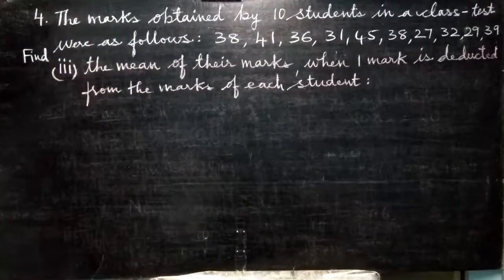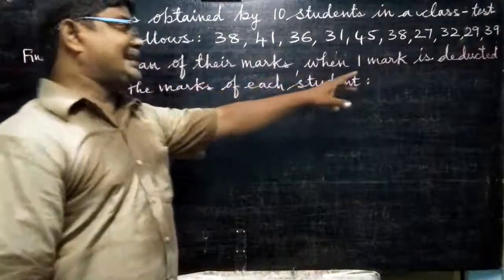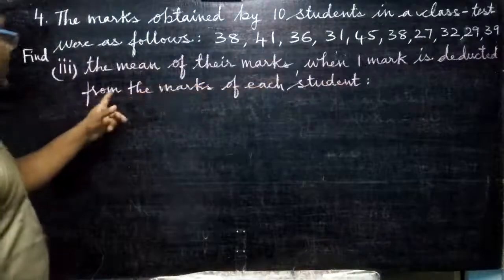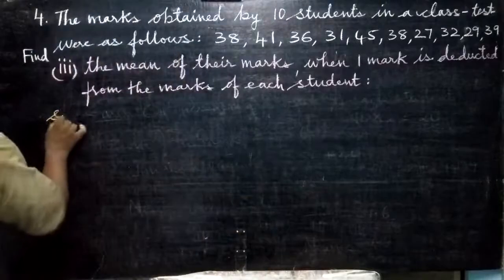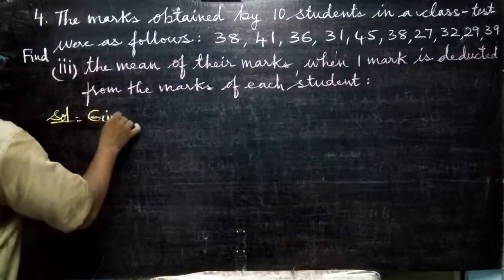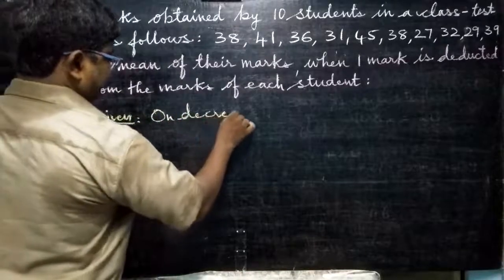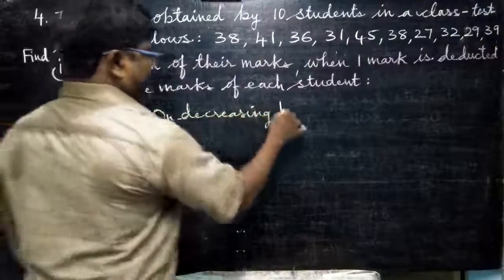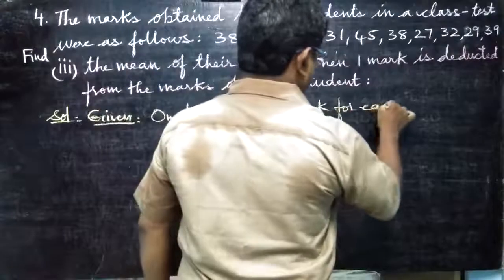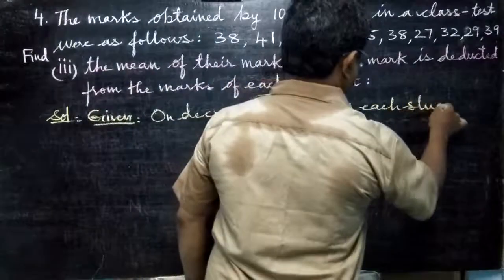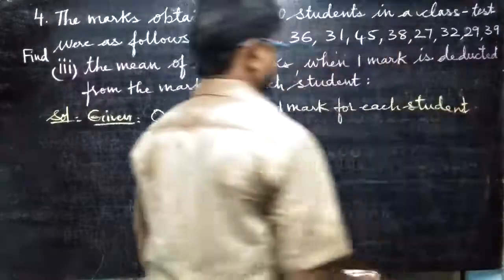Now the same problem, third bit. The mean of their marks when 1 mark is deducted, meaning decreased, from the marks of each student. So solution: on deduction, meaning decreasing, 1 mark from each student.